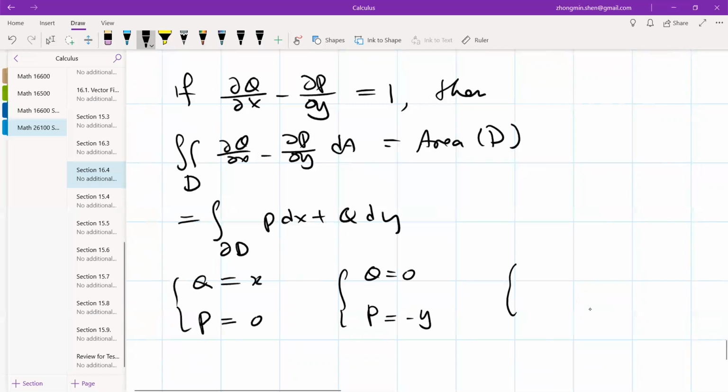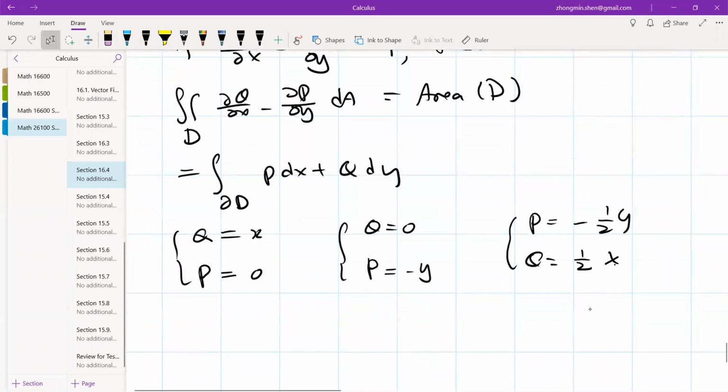Or P is going to be negative half of y, Q is going to be half of x. I can write Q first, PQ doesn't matter.